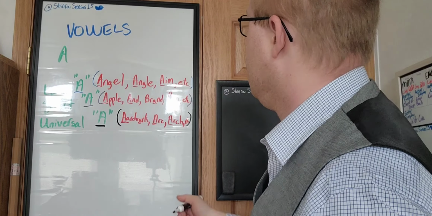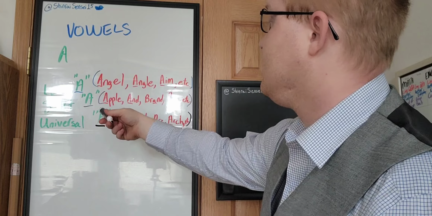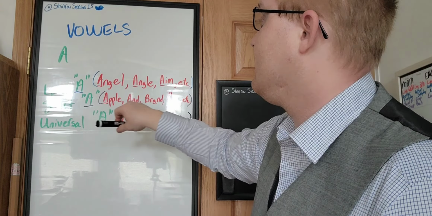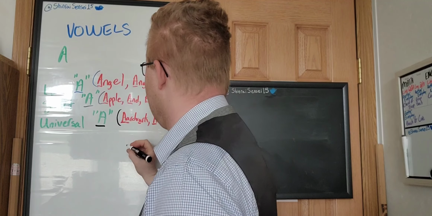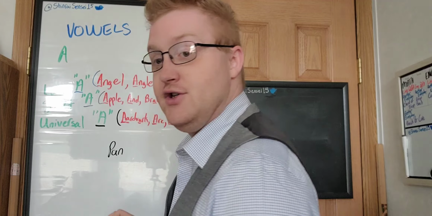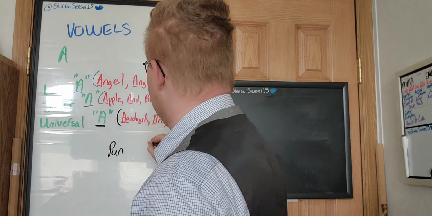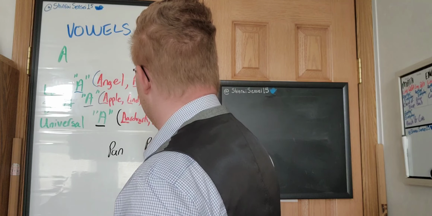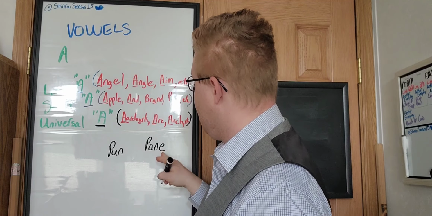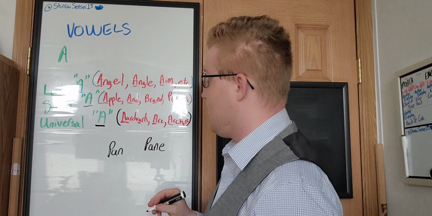And so some examples of how the letter E will help out with the long A versus the short A. Pan is the short A sound, but pane, like a pane of glass, that E being at the end there makes this a long A.